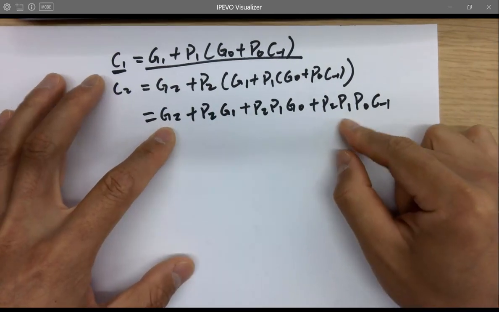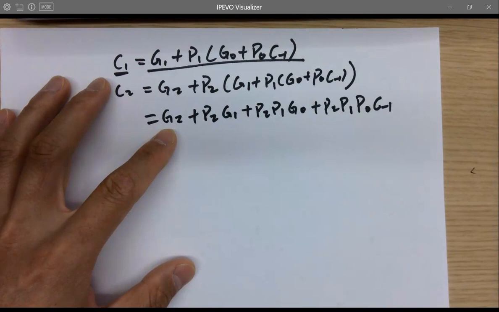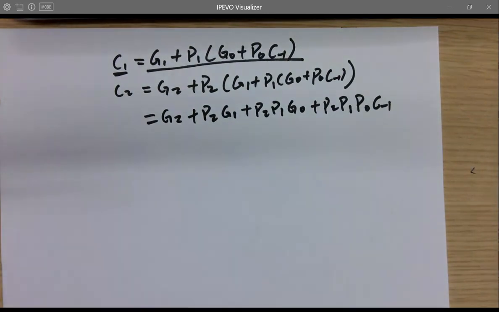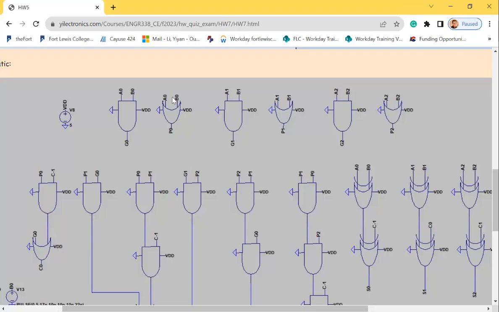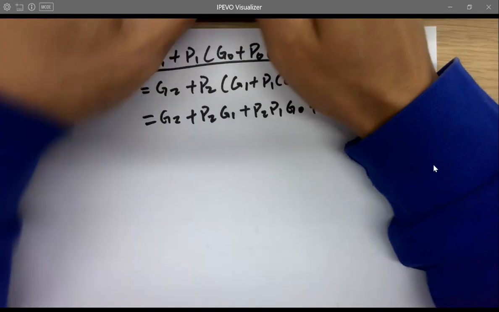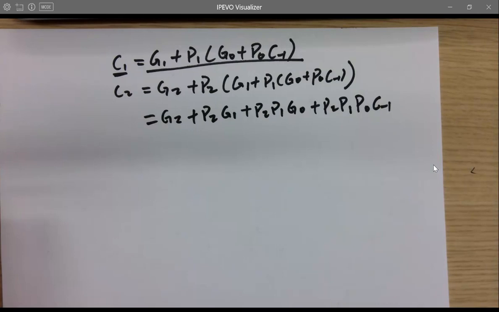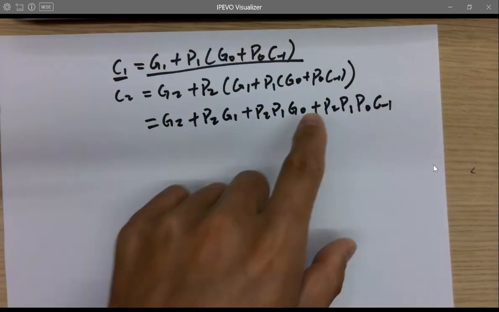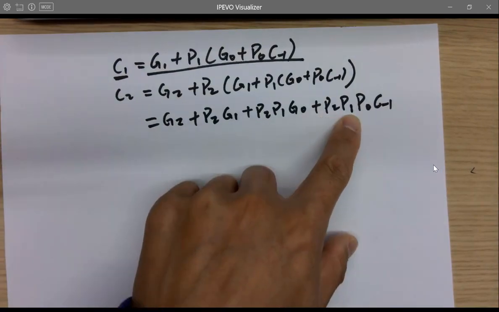Yes. Just one stage of delay, right? Because all the A's and B's are available. So it's just one gate delay, then we are able to get the G's and P's. Do we have anything else over here that we may need some more delay?